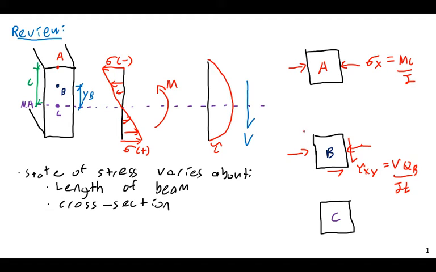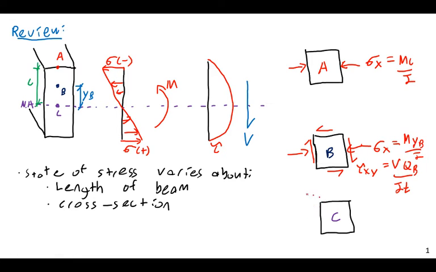And so we have the shear stress vectors like this, and our normal stress vectors like this, where sigma x is equal to M times yb over I, like so.